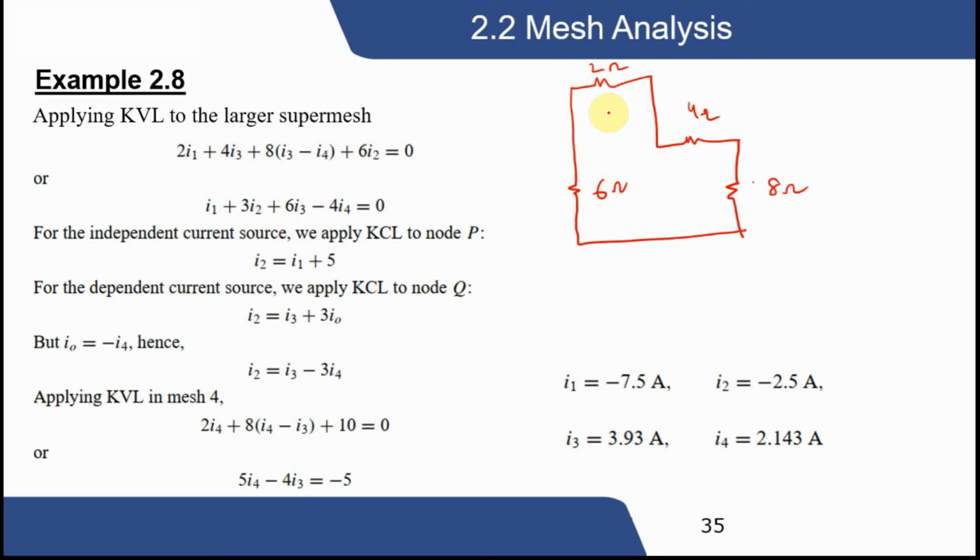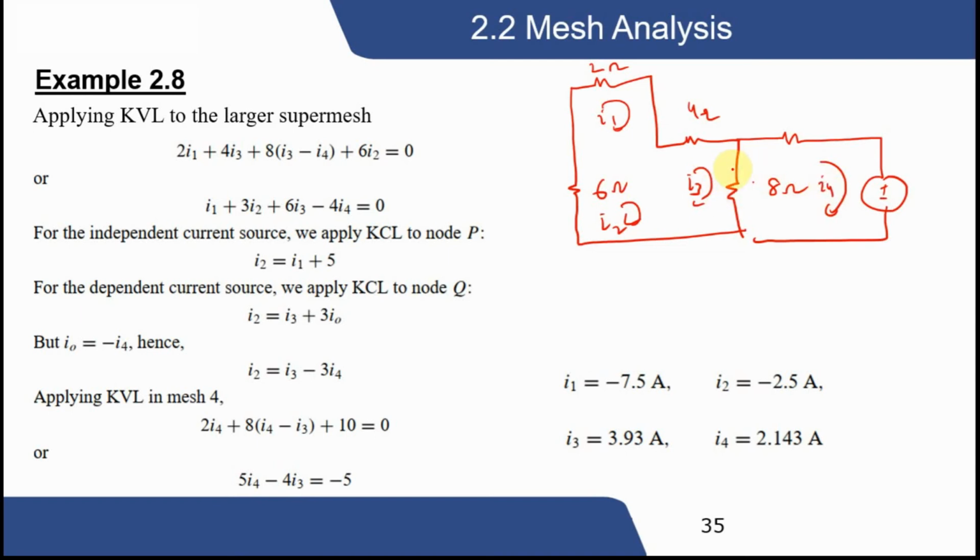The current is flowing from here. This one is I1, so 2I1, this is I2, and this is I3. So you can have 2I1, I3, 4I3. But when we calculate the 8 ohms, on the right side we also have this network, which is I4. So the 8 ohms is not dependent on I3 only, it also depends on I4.